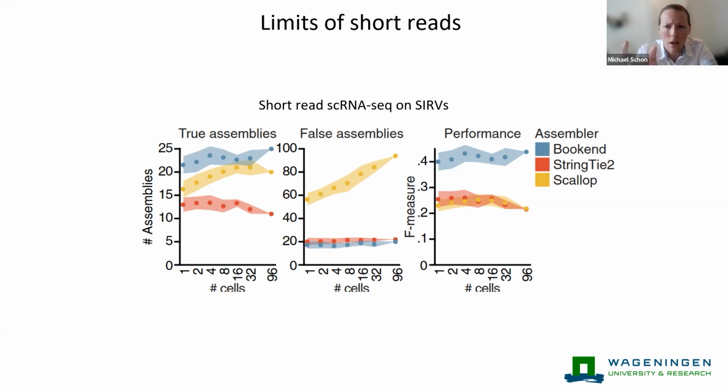The short reads are fundamentally missing long distance information. And you have to basically guess about long distance connections in a transcript using statistics.